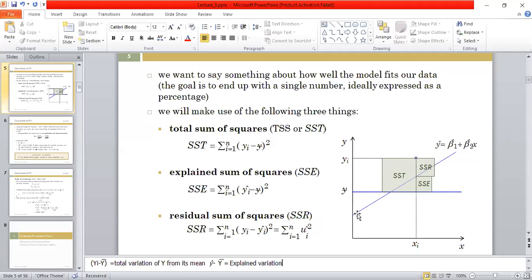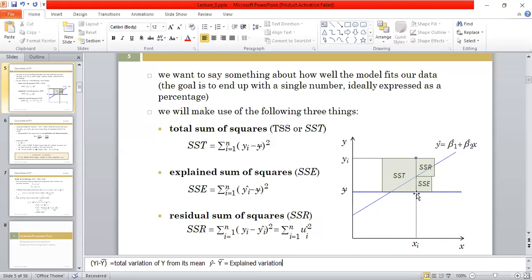What they're saying is, obviously any y value deviates from its mean. That deviation, yi minus y bar, is the so-called total variation of y from its mean. The whole of that total variation cannot be explained by the regression. The estimated regression line can explain only this much, y hat minus y bar. This much is explained by x.